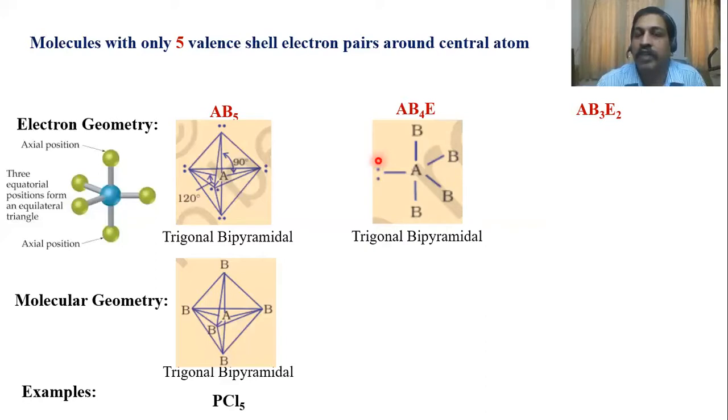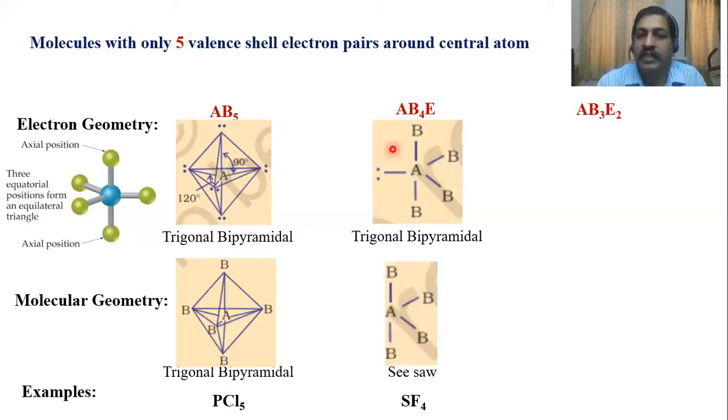It will not occupy an axial position. The remaining positions are occupied by the bond electron pairs. So this is the electron geometry for the AB4E type of molecule. If we consider only the arrangement of atoms in the molecule, we will arrive at the molecular geometry.